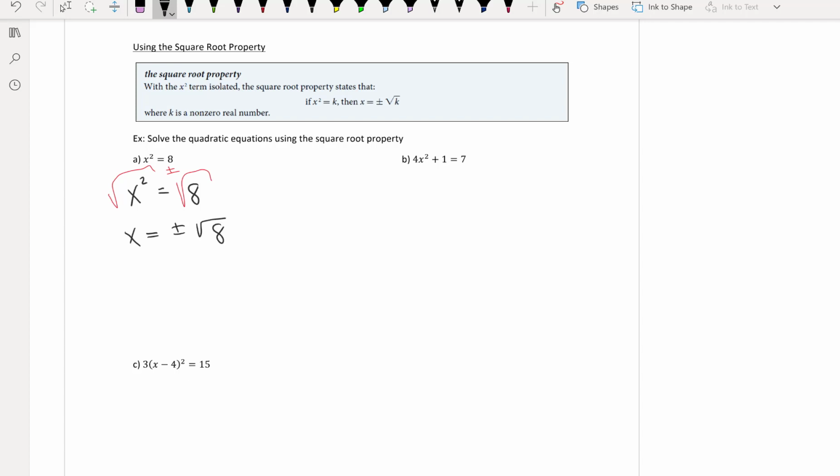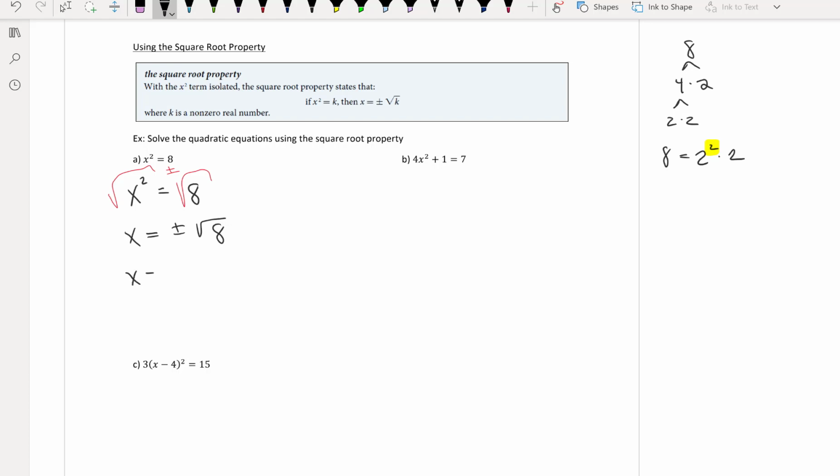And if you want to think about this, this is something that we've done in previous algebra classes. If I have 8, I can rewrite this as 4 times 2, which is 2 times 2 times 2. So 8 is really 2 squared times 2, and we want to make sure that the exponent matches the index.